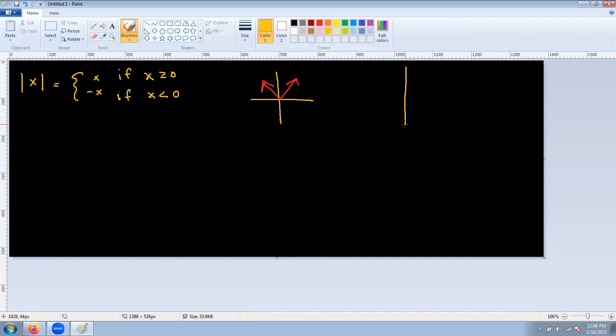Another thing that absolute value does is it can take any function, okay? So maybe something like this. It will take the negative part of this and make it positive. So it'll flip the negative up and make it positive.